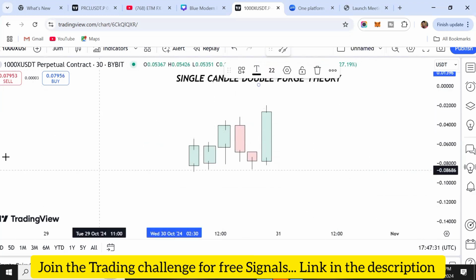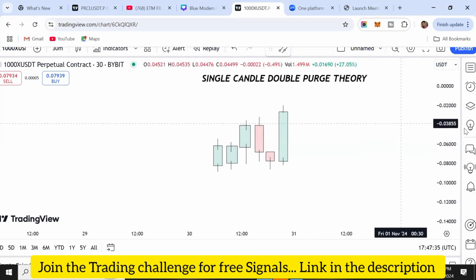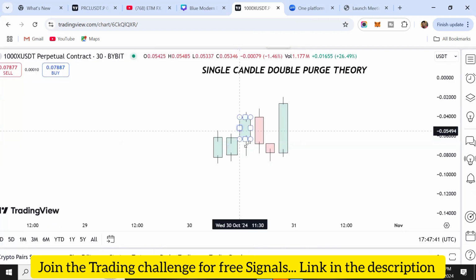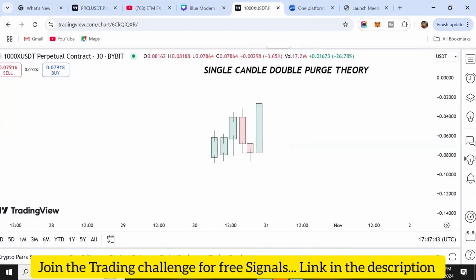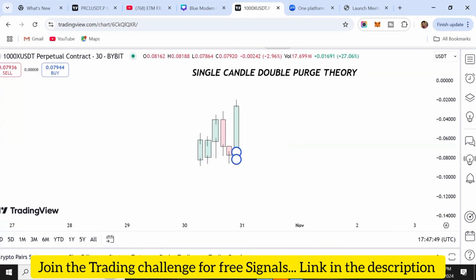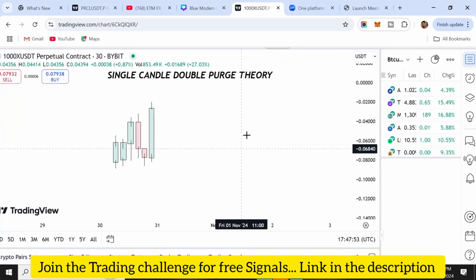Now, you can see that we have consecutive candles here, and these candles simply represent something.